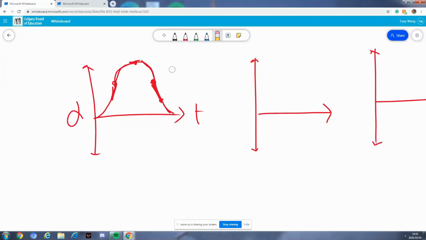Okay, this is a horrible diagram, but let me just try and fix this. All right. So these are curves. This is straight. This is a curve. This is a curve. This is straight, and this is a curve.